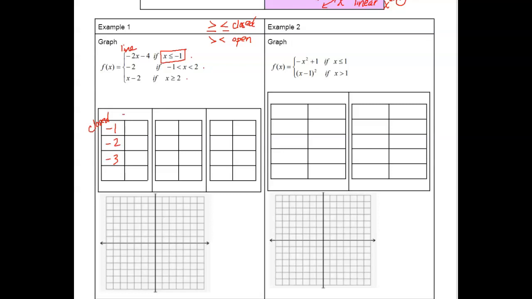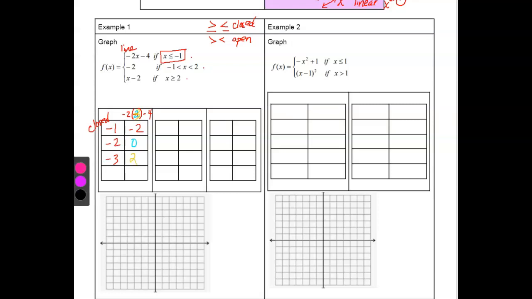I'm going to substitute -1 and then -4, and you can type that all straight into a calculator. So you would get 2 minus 4, which is -2. Then you do the same thing, but x is now -2. So we get 4 minus 4, which is 0. And let's make that -3. So 6 minus 4, and we get +2.